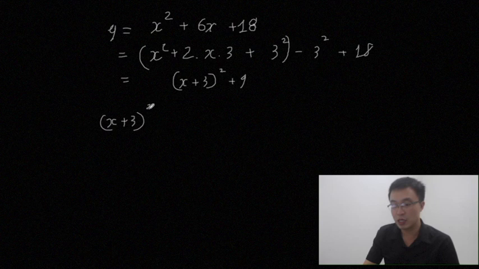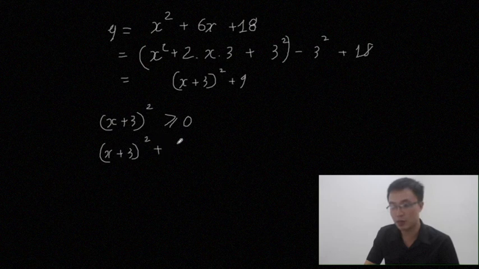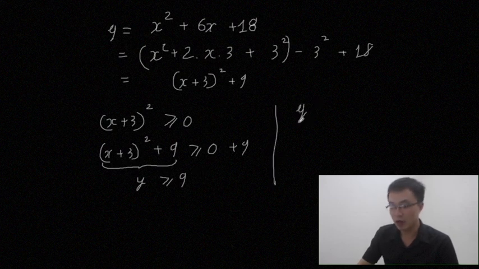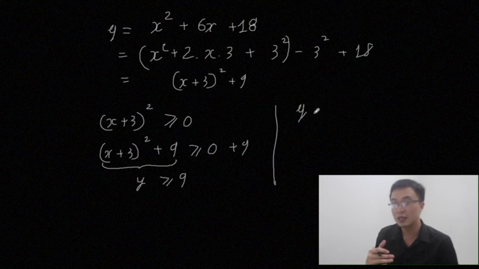Because (x plus 3) squared is always greater than or equal to 0, I will add 9 to both sides of the inequality, and then you will have y greater than or equal to 9. After that it is easy to find: because y is always greater than or equal to 9, the minimum point for y is 9.